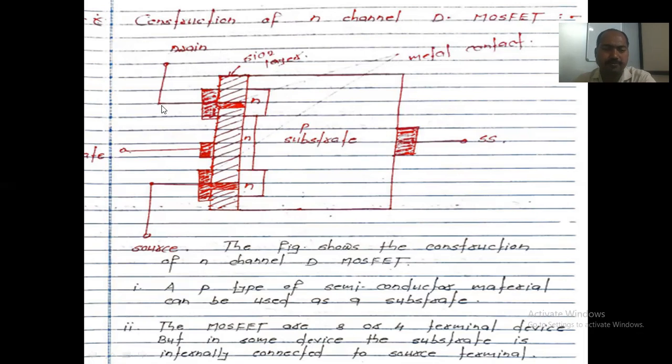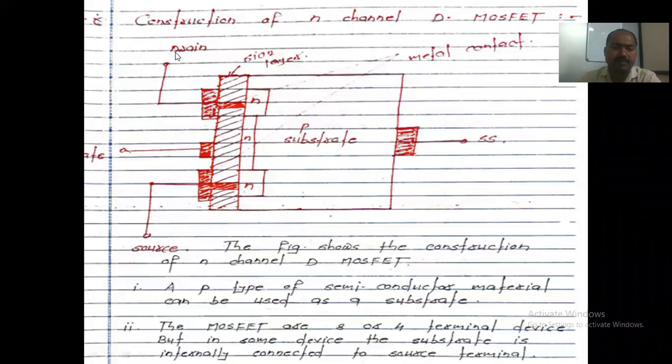Now see here, two N layers are connected on the upper and lower side of this configuration. The middle layer is called the channel layer. This is used for current conduction. The N layer connected on the outer section by an ohmic contact is also called the drain terminal.